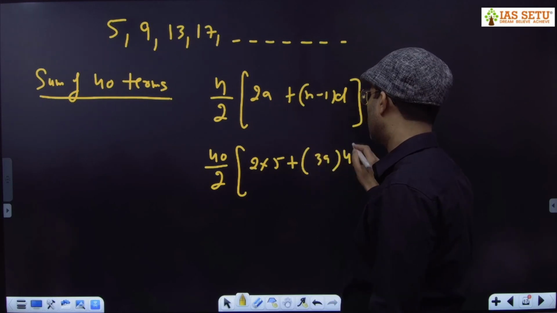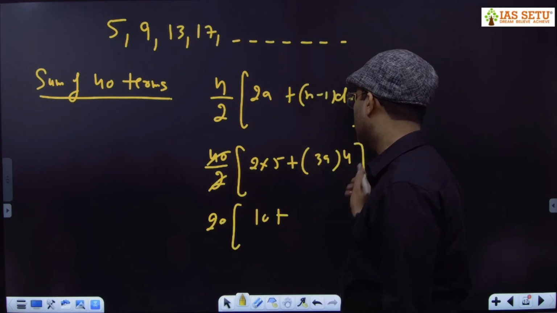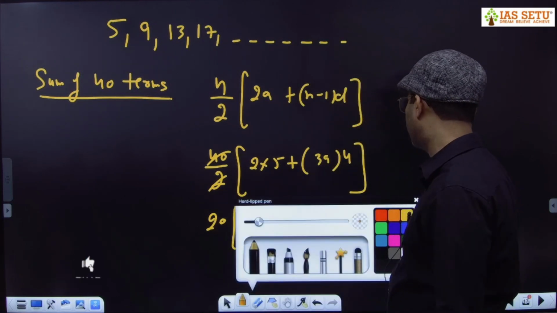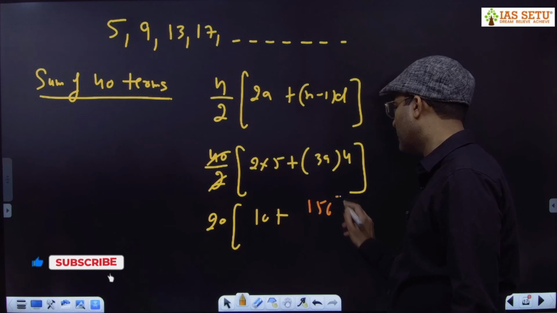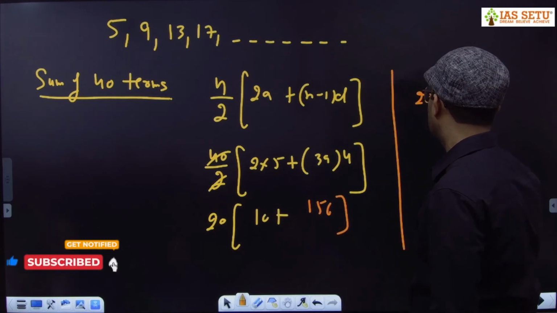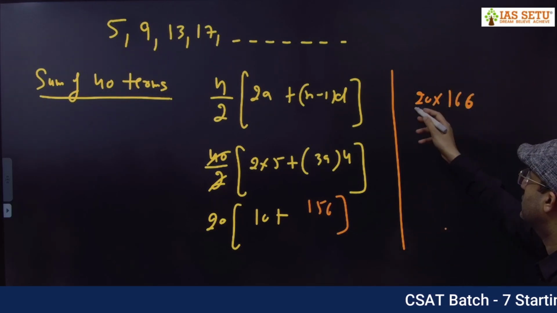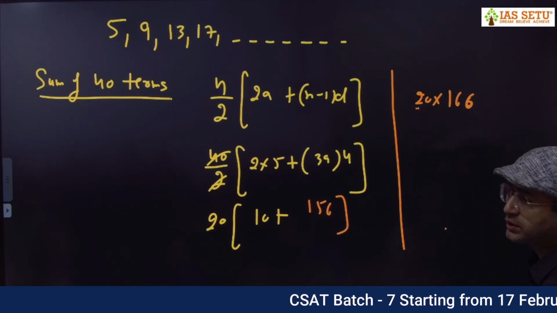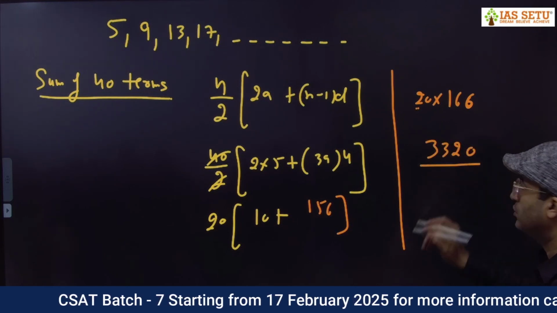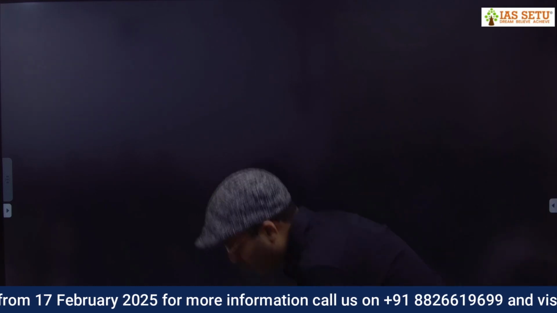What is d? 4. This is 20, 10. What is 39 into 4? 156 plus 10. So it is 20 into 166. Look, the zero can be added later, so multiply 166 by 2. What is 166 into 2? 332, and with the zero, 3320. Try one more question.